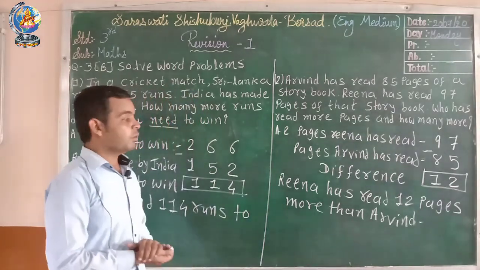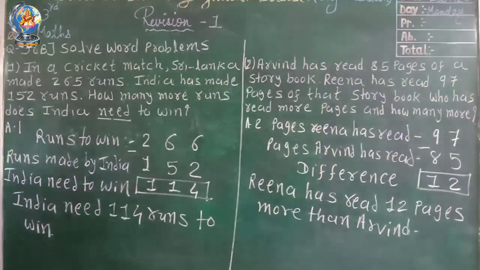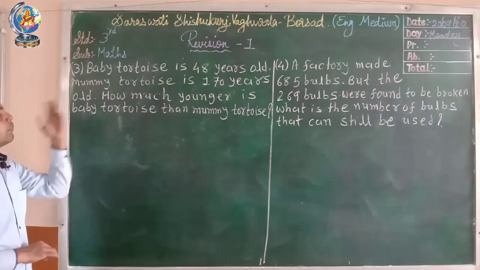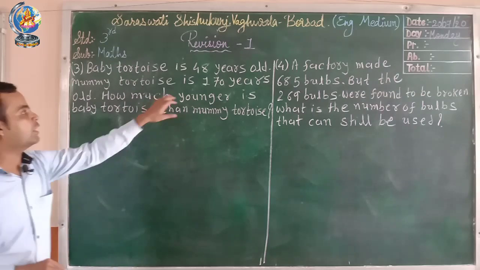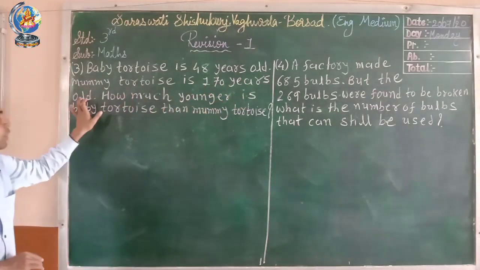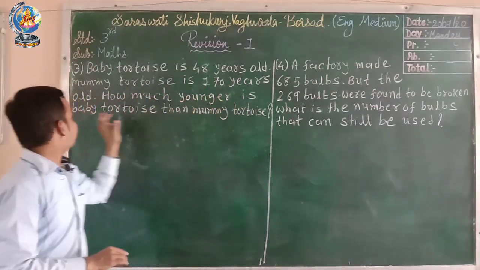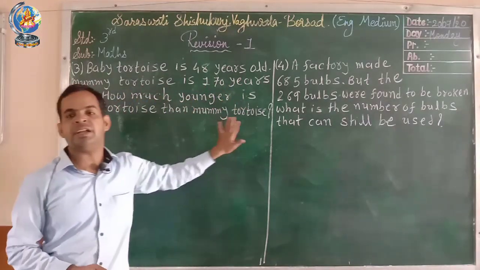Now let's start our third number sum. Baby tortoise is 48 years old and mummy tortoise is 170 years old. So how much younger is baby tortoise than mummy tortoise?